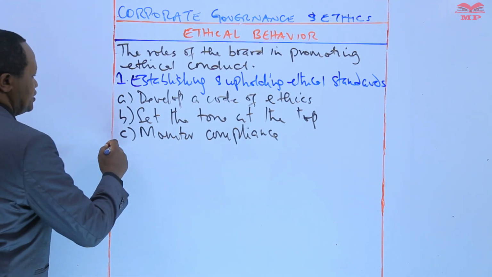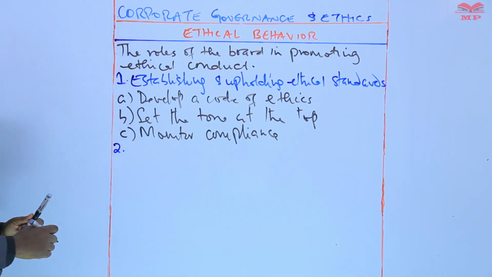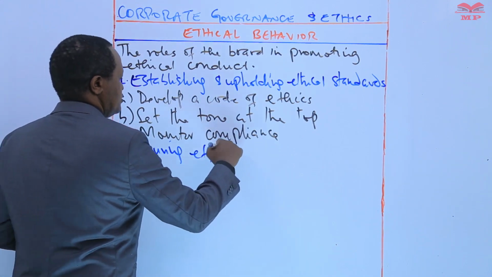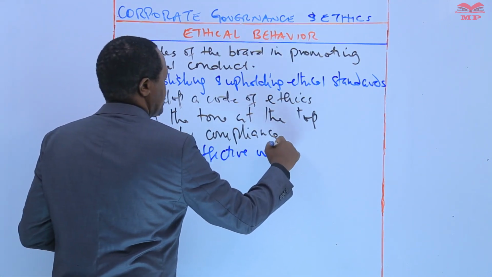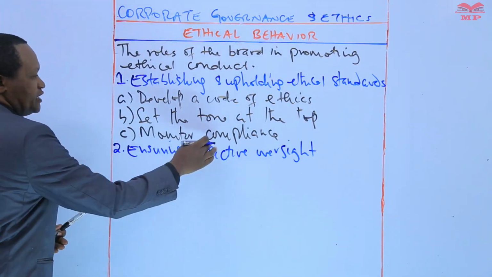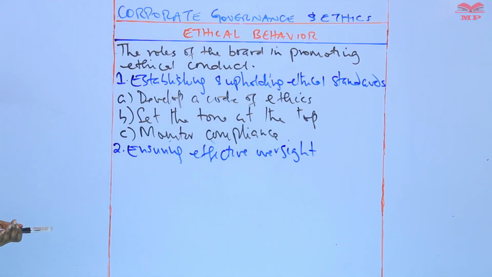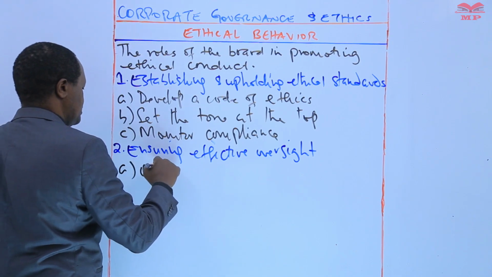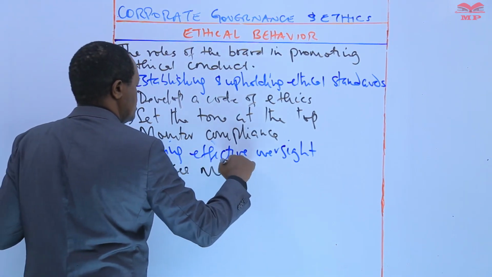Number two, the second category is ensuring effective oversight. The board of directors should ensure effective oversight, and that is done by overseeing management.